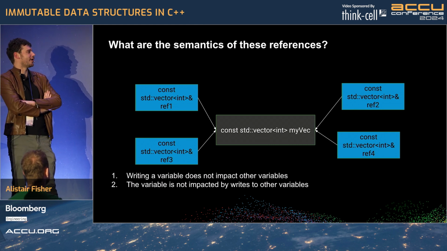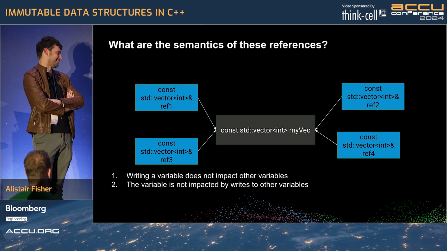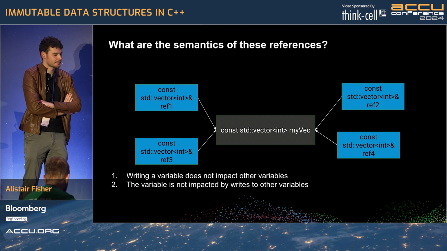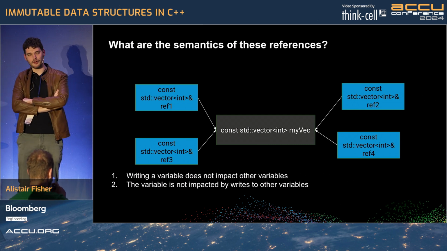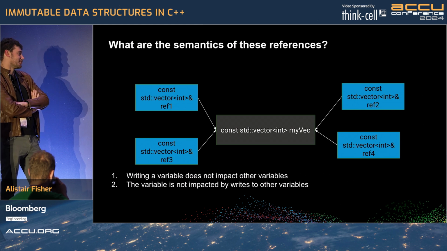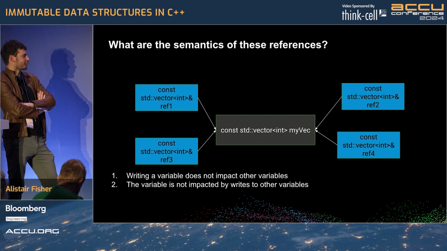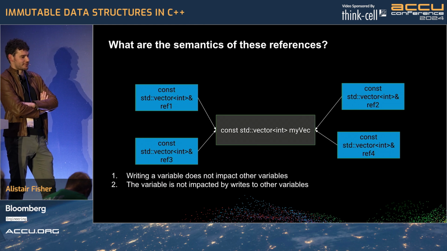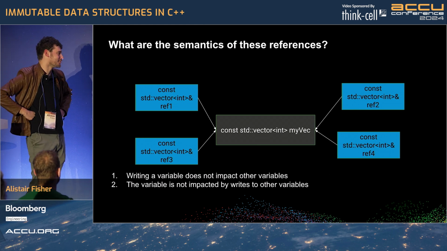I think quite clearly we can see the vector probably has value semantics, right? It's a value, it can't be impacted by other variables. The slightly more interesting argument is, what semantics do the references have? Clearly the references can't be written to because they're const, so they can't impact other variables. But in this world, they're also not impacted by writes to other variables, right? So these references actually do have value semantics, at least in my interpretation.